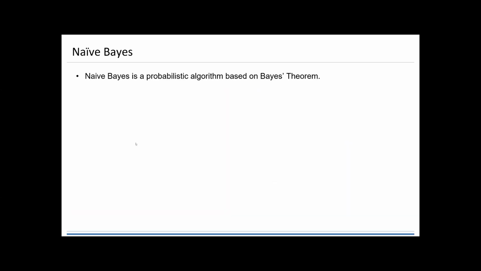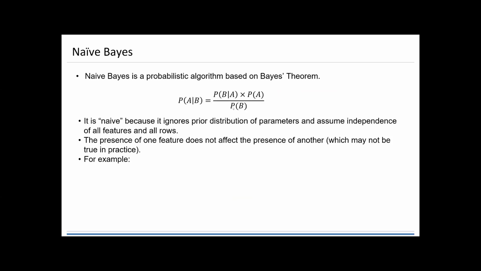Naive Bayes is a probabilistic algorithm based on Bayes theorem. We are going to look at the details when we work with this probability. It means I want to know the probability of A given B, which is the probability of B given A multiplied by the probability of A, divided by the probability of B. It is naive because it ignores the prior distribution of parameters.